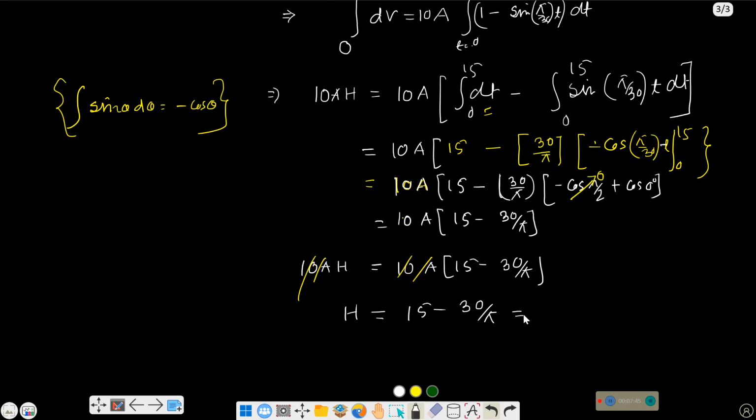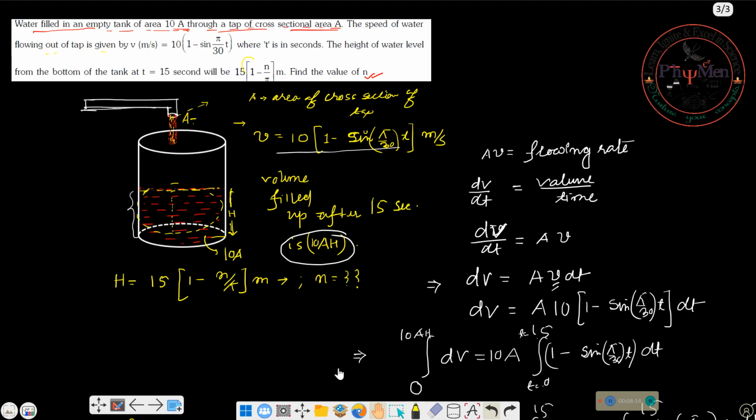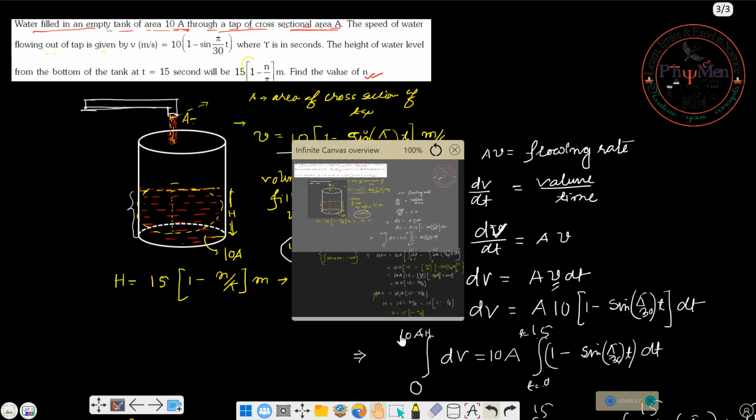If we take 15 common, we get h = 15(1 − 2/π), and the h given in the question is h = 15(1 − n/π).